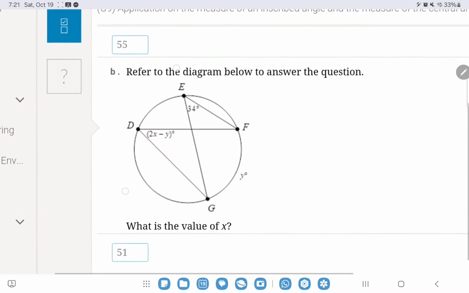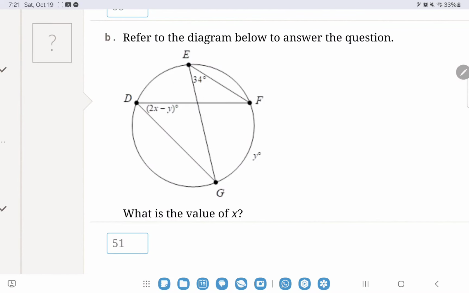Now let's go on to the next part. We said this is really easy. So look, if this angle is equal to 34, then this arc is equal to twice 34. So this isn't y anymore. This is 68. And if this is 68, then this here is also 68.